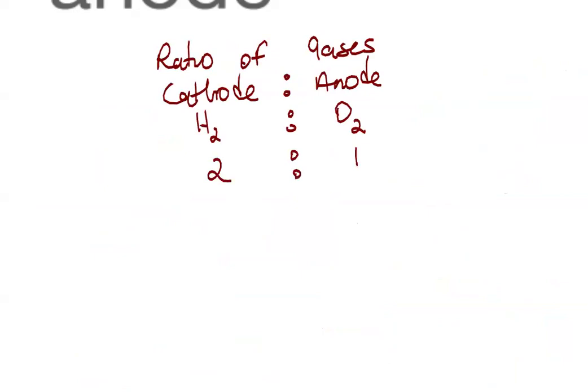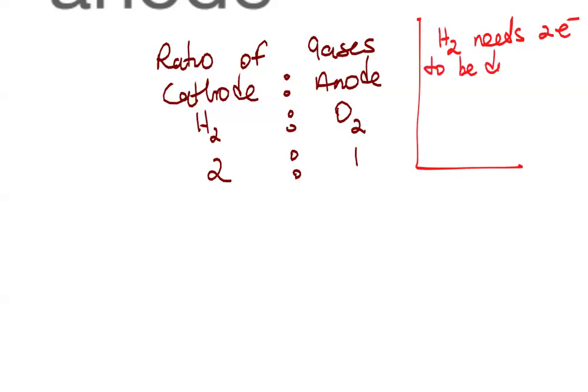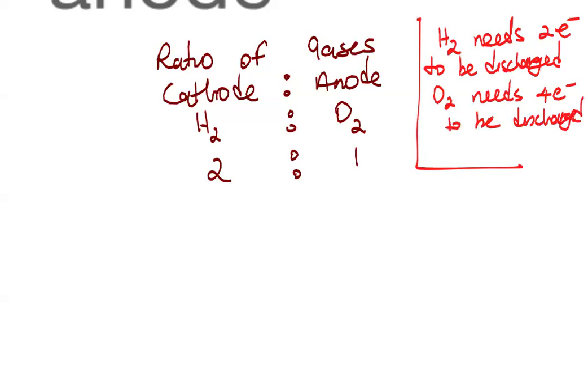And one more time. H2 needs 2 electrons to be discharged, and O2 needs 4 electrons. You're not to get confused with this. Think of electrons like electricity. Which one requires more electricity to be discharged? The hydrogen or the oxygen?